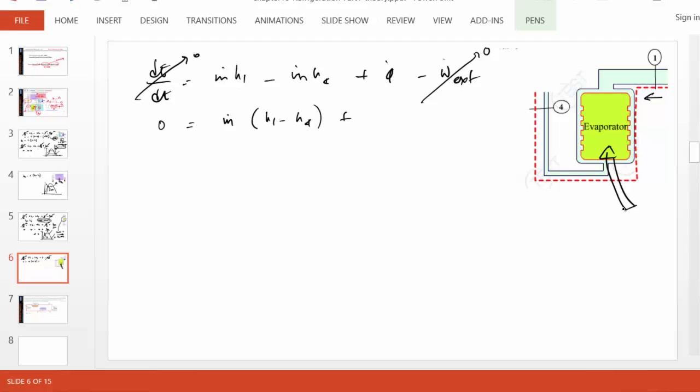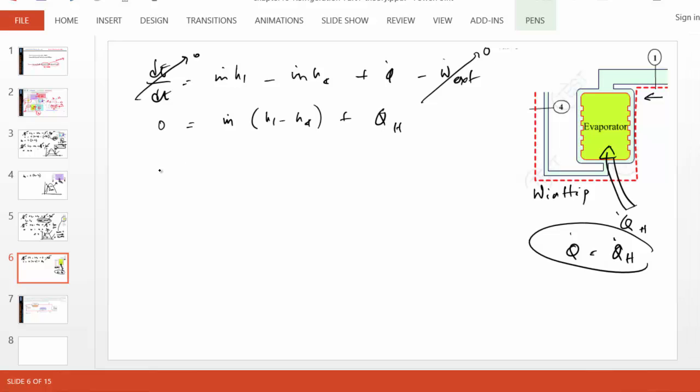So Q dot and Q dot C are just equal, because both are positive. Q dot is positive when heat is added, the sign convention will tell us heat in positive, work in negative. So therefore, Q dot equals Q dot C, we get an expression for heat added, m dot (H4 minus H1), which is kind of intuitive.